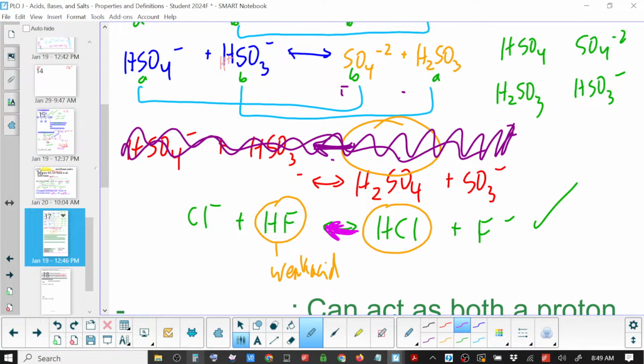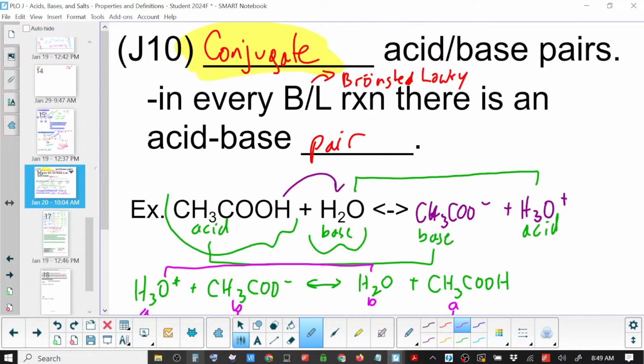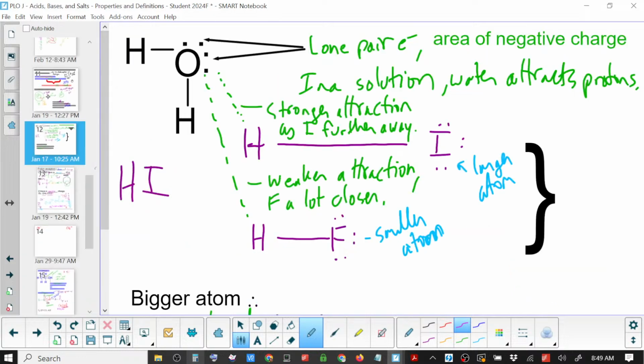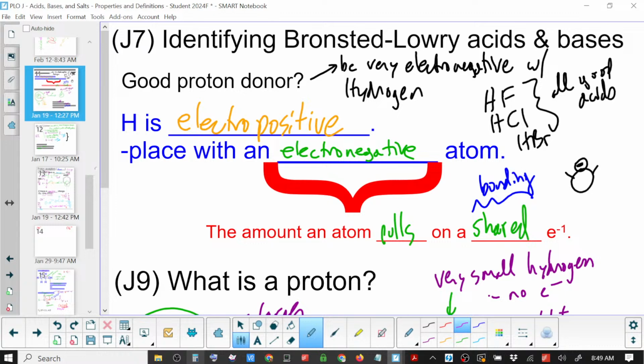Wait, why is it strong? Pardon? Why is it strong? Oh, just because it is. That's the point I'm trying to make right now. But if I asked you on a test why is that strong, we would go back to what makes a strong acid. Its partner needs to be electronegative.